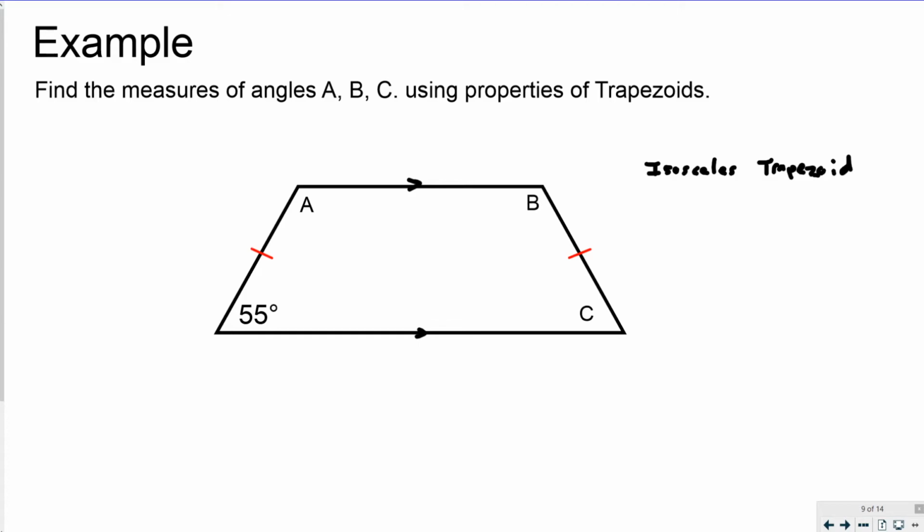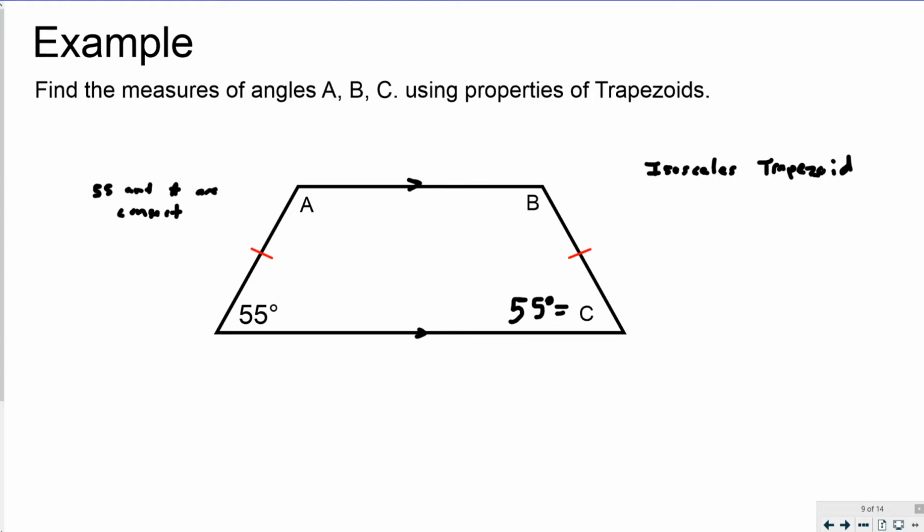So I'm going to start by just knowing that if this is 55, C has to be 55 as well, because those angles are congruent. And then I can use the property that these two angles here are next to each other. They're consecutive angles, so 55 and A are consecutive.